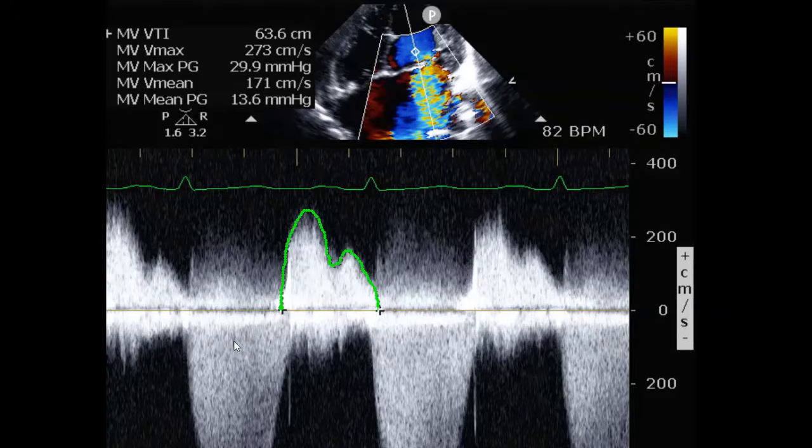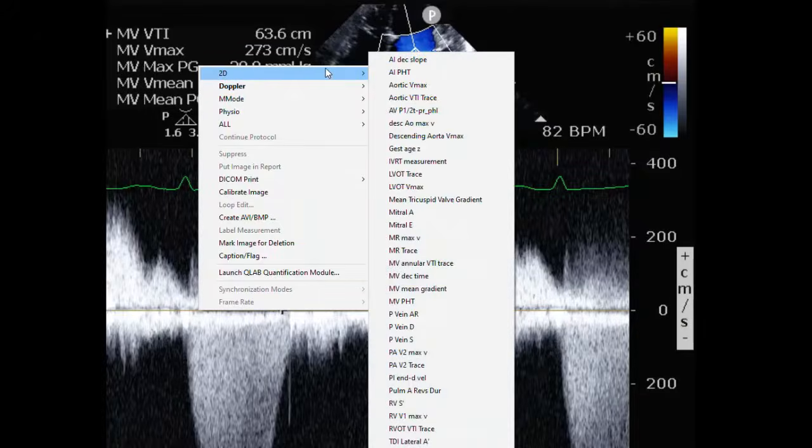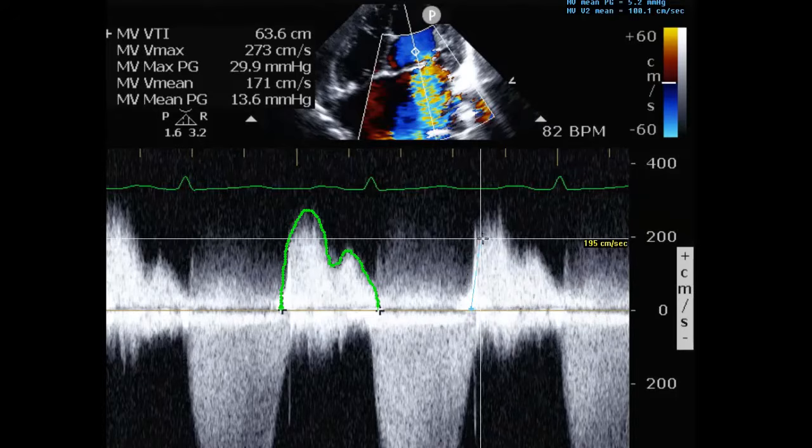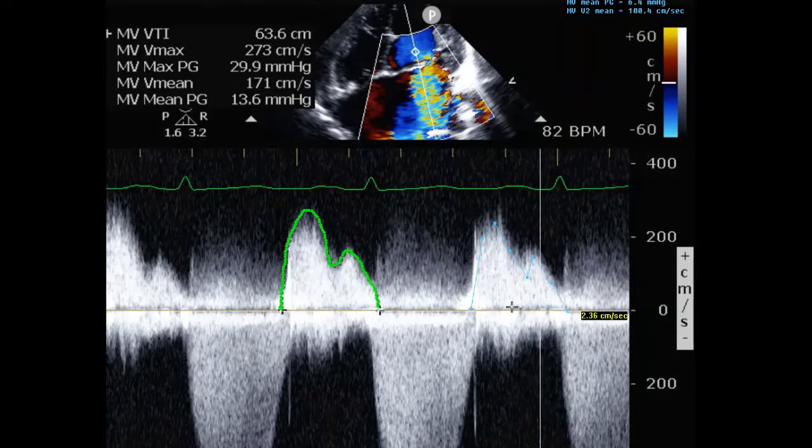But here is a CW across the mitral valve. What we're going to do is trace the mitral inflow right here. The tech does a pretty nice job here, but I think she is adding a little bit too much of the hairs.